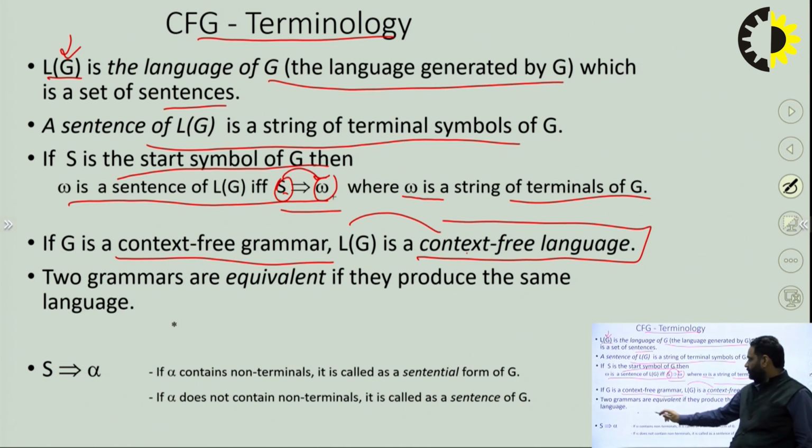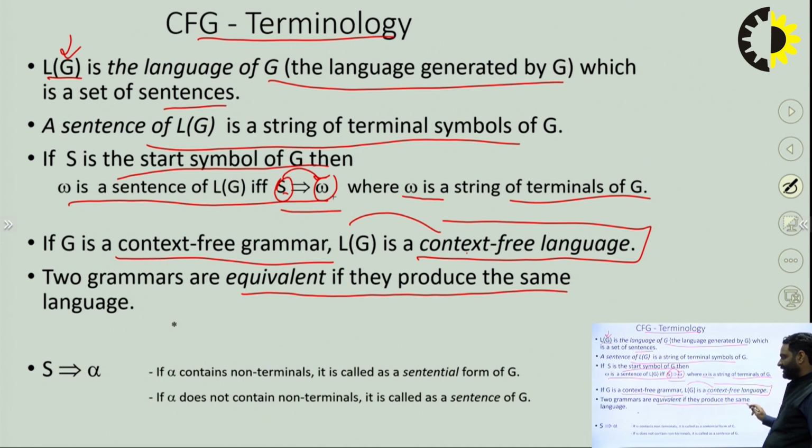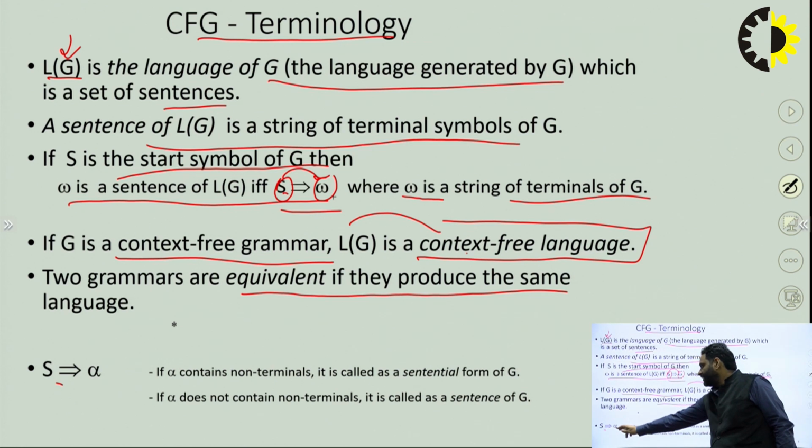We can say two grammars are equivalent if they produce the same language. Suppose we start with the start symbol S and derive alpha.